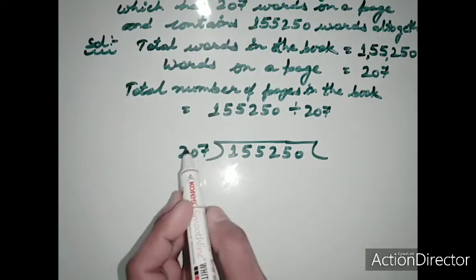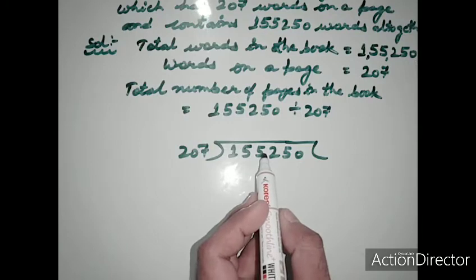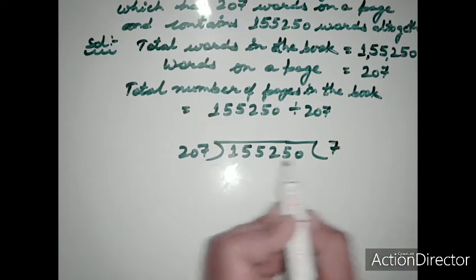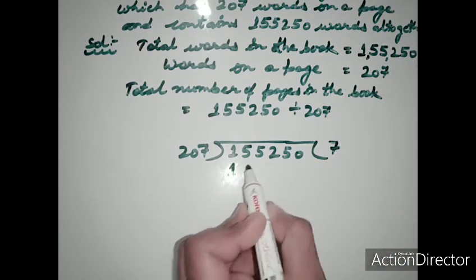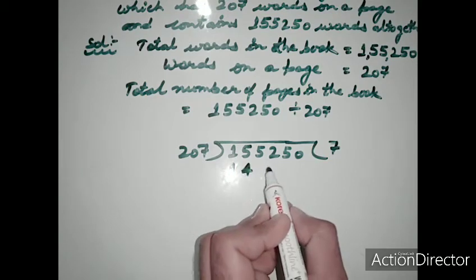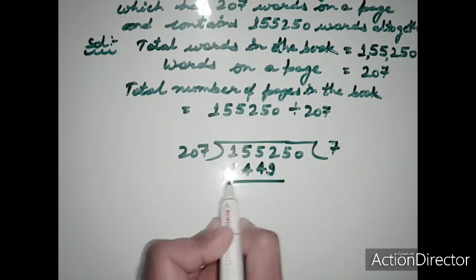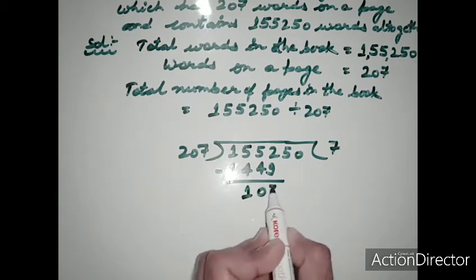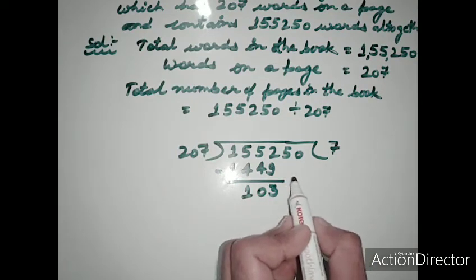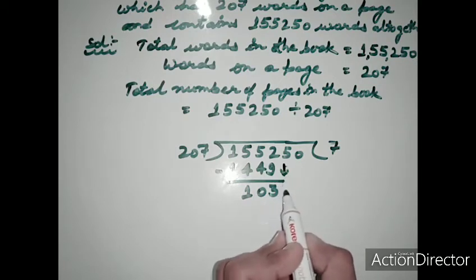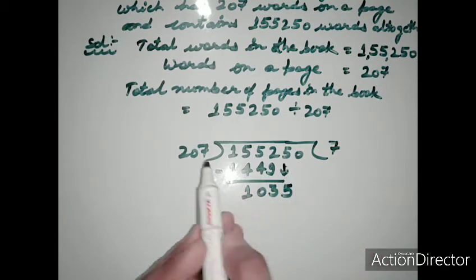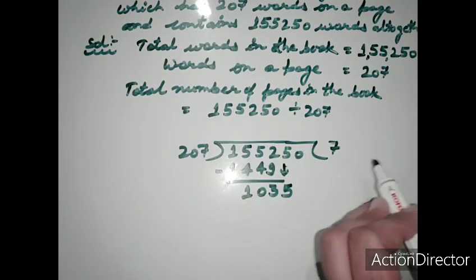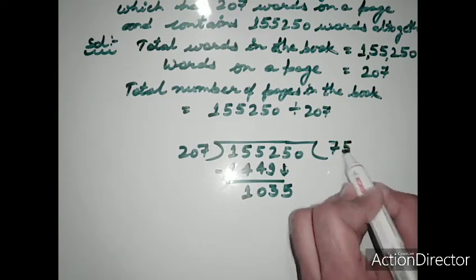So how many times does 207 divide this number? First we take 7, and 7 times, here we get 1449. Now we subtract these two numbers, here we get 103 as a difference. Now we take 5 here, and how many times is it divisible by 207? 5 times.